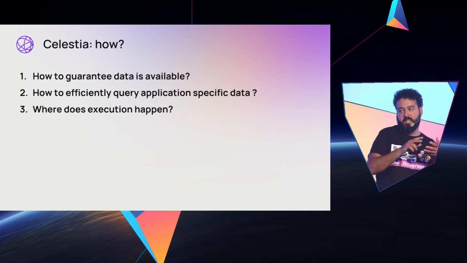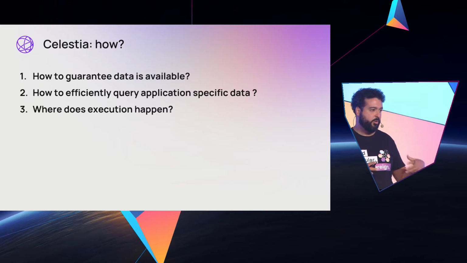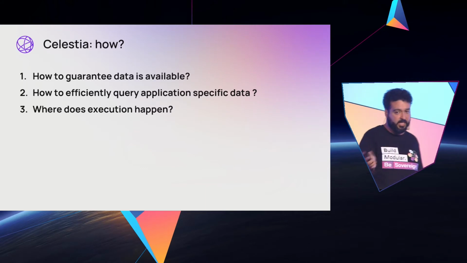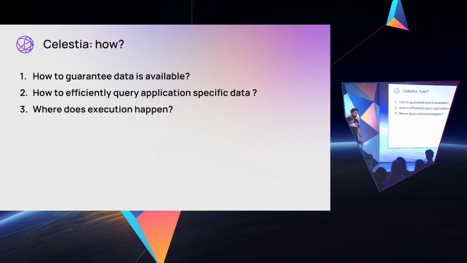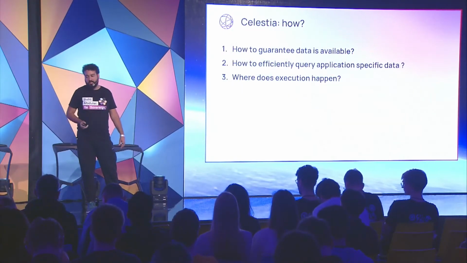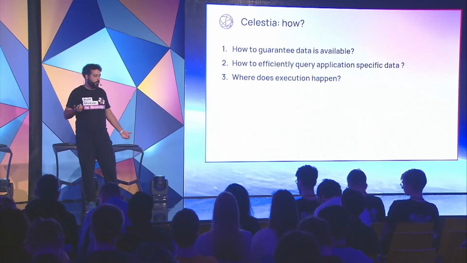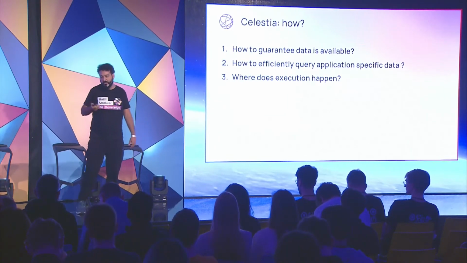Because in the previous paradigm with shared execution environments, you basically need to download and execute all the transactions. Here, we only want to download the application-specific transactions that you care about. How do you do this? And also, I said we just remove execution. So where does execution actually happen?